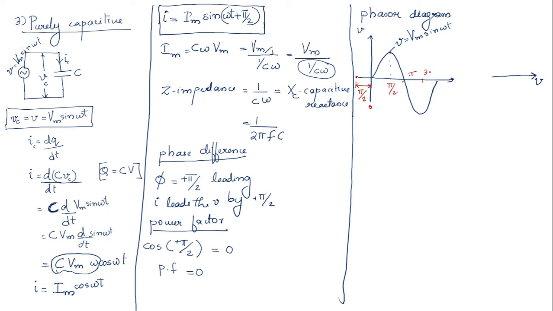This is 3 pi by 2. And here 2 pi. Now let's draw the curve. Here you can see it is exactly passing through the maximum and minimum points like this. So this becomes your current waveform. I is equal to Im sin omega t plus pi by 2.